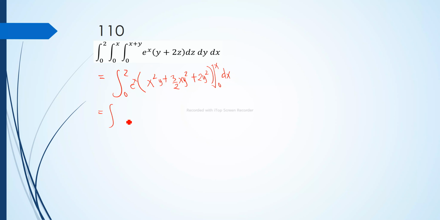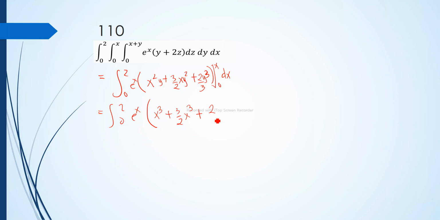If we let y is equal to x, then we will have our x cubed here plus 3 halves x cubed plus, oh, we forgot this is 2/3.